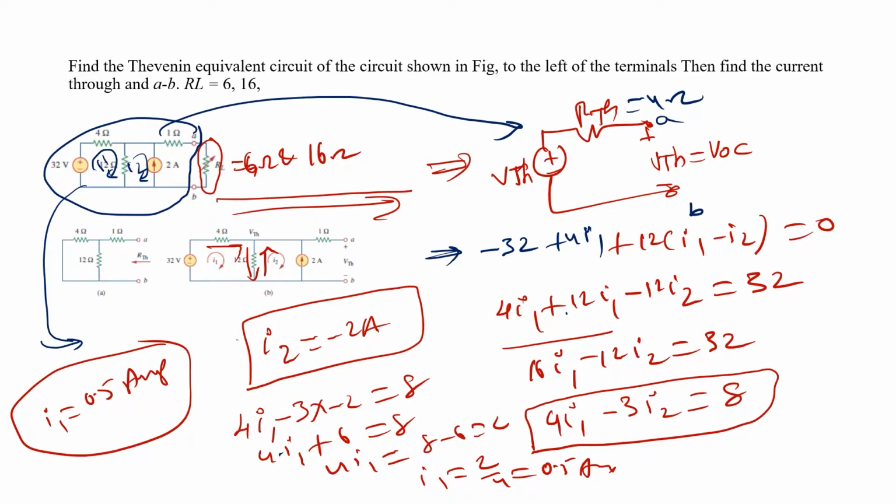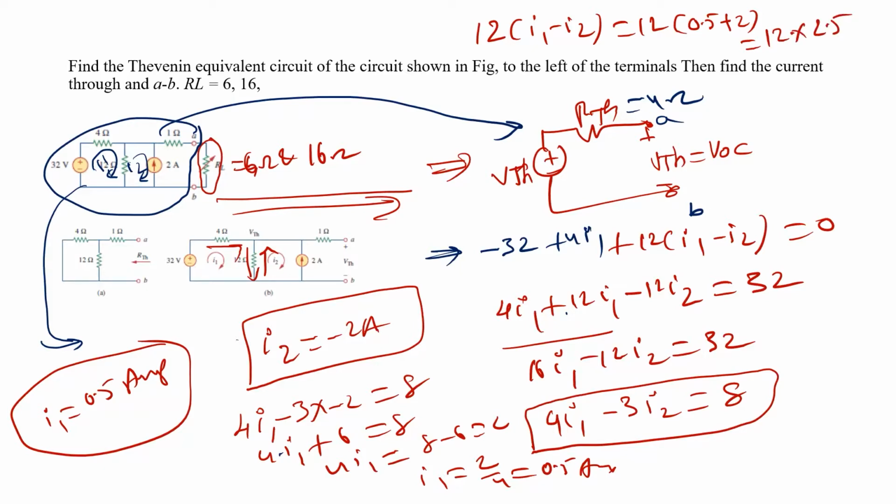Right. So you know I1 and I2. What is the voltage drop across this 12 ohm resistor? Voltage drop of the 12 ohm resistor is 12 into I1 minus I2. So 12 into, what is I1? I1 is 0.5, minus, already minus is there, that is 2.5.